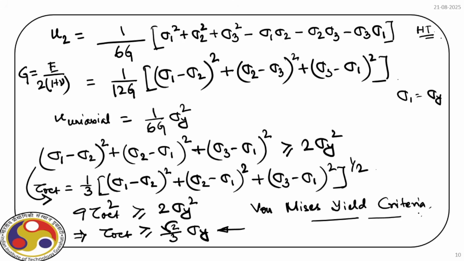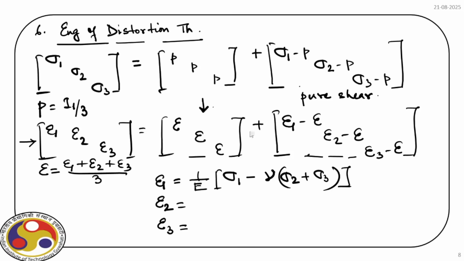However, if you come to the other theories, for example, this von Mises criteria, this is corresponding to the second part of the two components. We separate the original stress field.